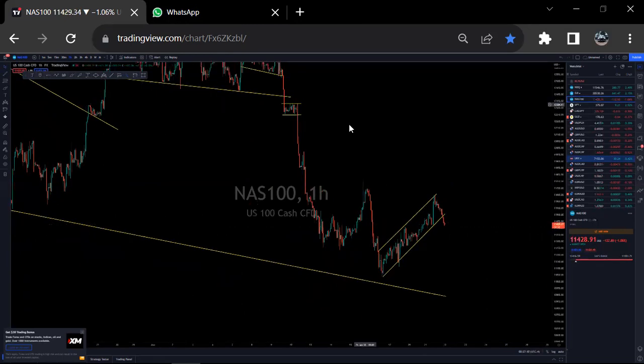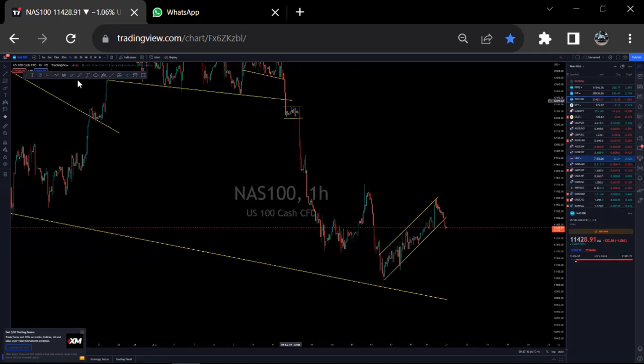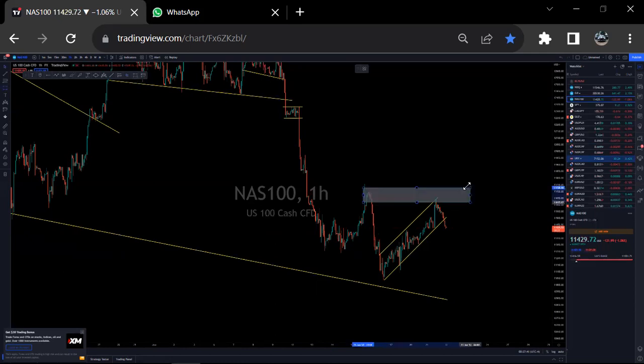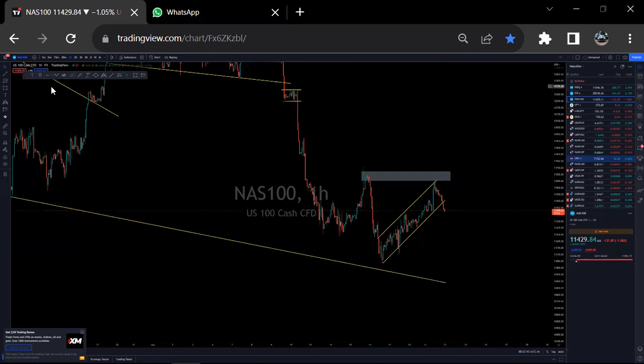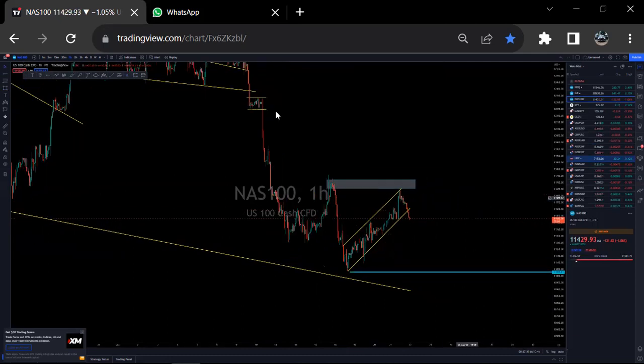I can put this just to show that this is the double top, sorry guys. There are some situations they're not meant to be lost, you understand?